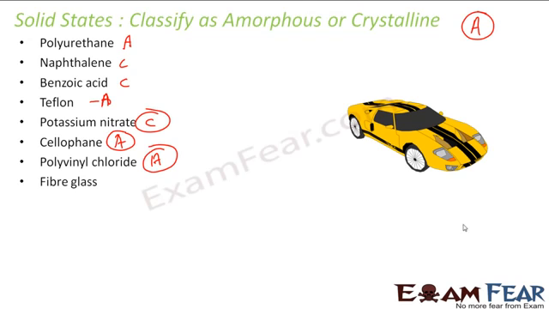Fiberglass. If you see in cars, all these bumpers are generally fiber. Most of the material is fiber only. The rear view mirror, this side is also fiber. The flap mudguard is also fiber. A lot of things in the car are fiber.